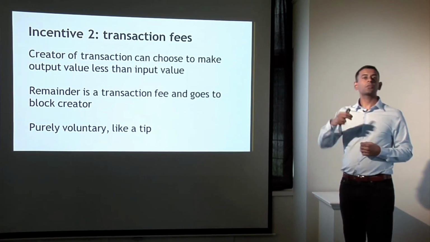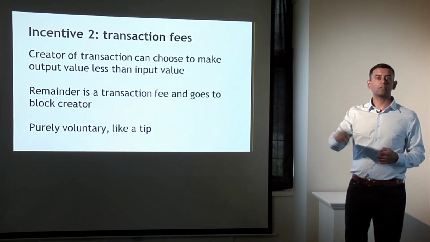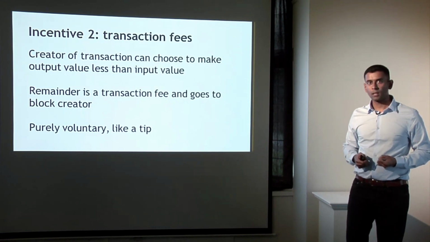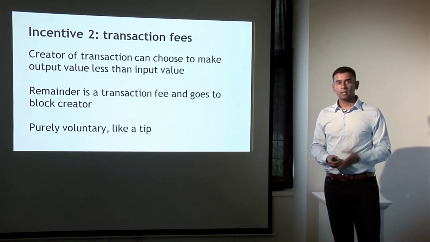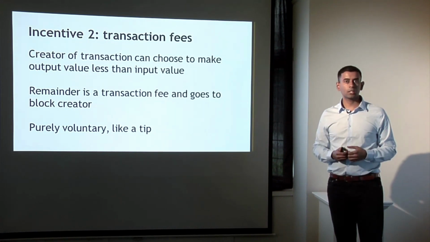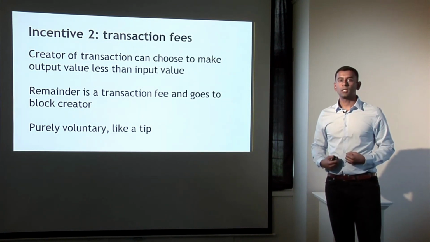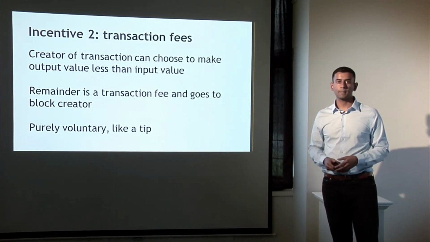And whoever creates the block that first puts that transaction into the blockchain gets to collect that transaction fee. So if you're a node that's creating a block that contains, say, 200 transactions, then the sum of all those 200 transaction fees accrues to you and to the address that you put into that block.